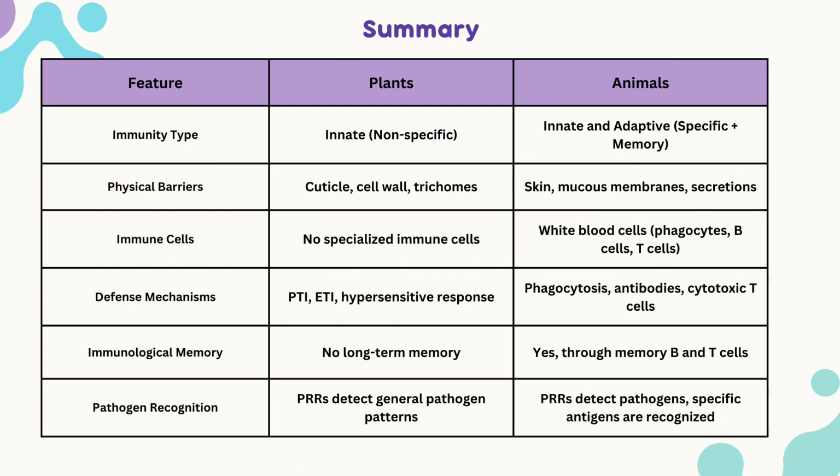Both plants and animals have innate immunity, including insects and mammals. The innate immune system helps protect the host from the majority of microbes they encounter during their lifetime.